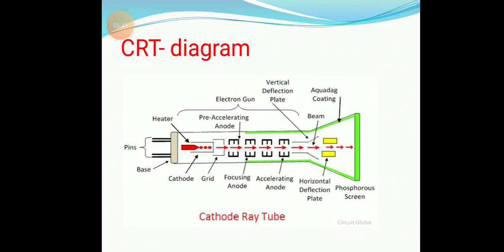Second point, the deflection plate assembly of the CRT consists of two pairs of parallel plates. These plates are called the vertical deflecting plates and horizontal deflecting plates, as shown in the figure. Therefore, by varying the voltage applied to the horizontal and vertical deflecting plates, the vertical and horizontal motion of the electron beam is obtained.